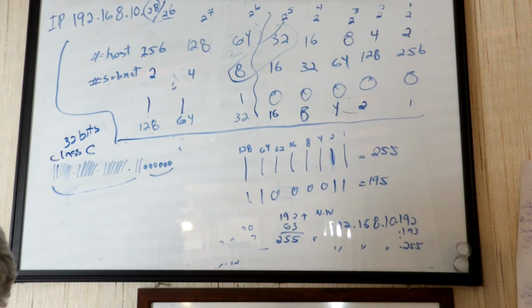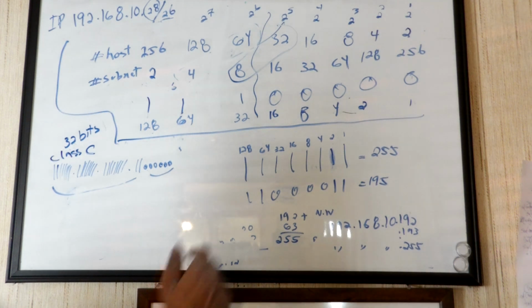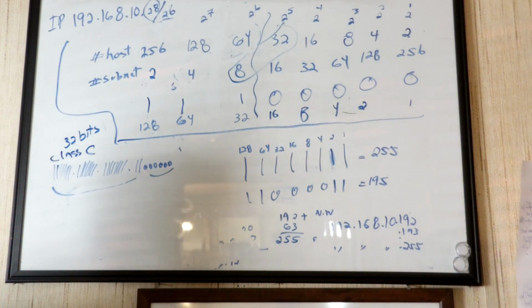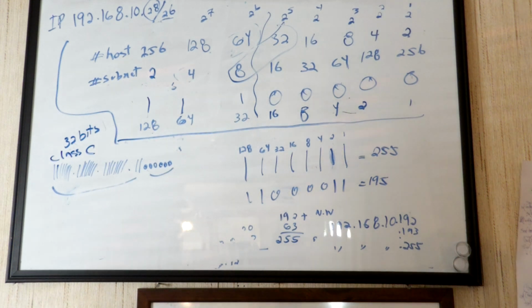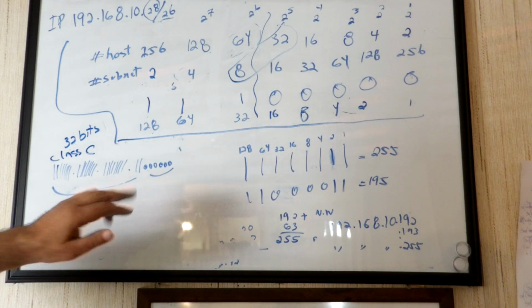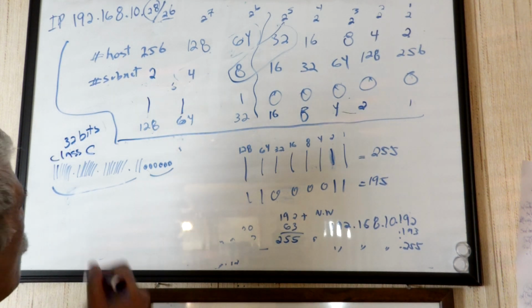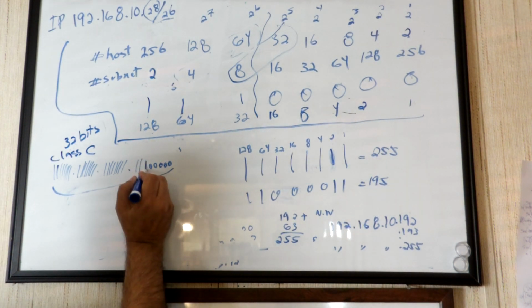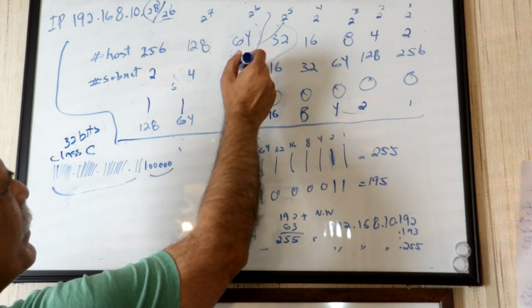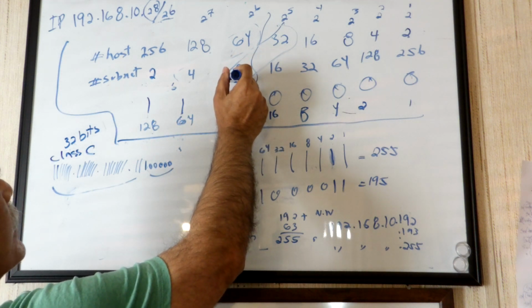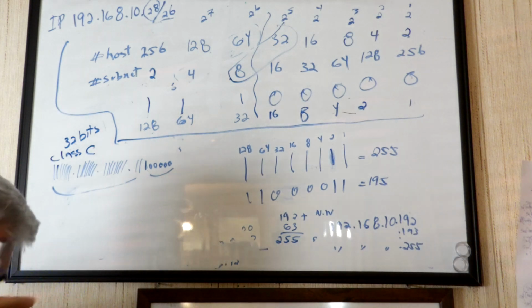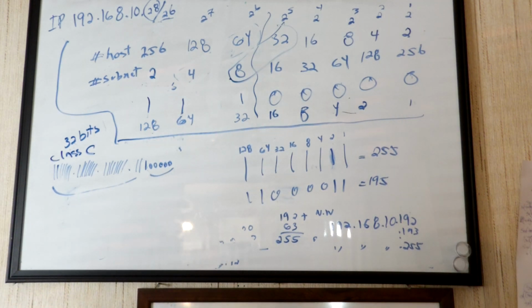We talked about this in Networking 1, just for class C; we talked about other classes too, but here we're talking about class C. Now when we borrow 3 bits, we are going to have 8 subnets and 32 hosts in each subnet.